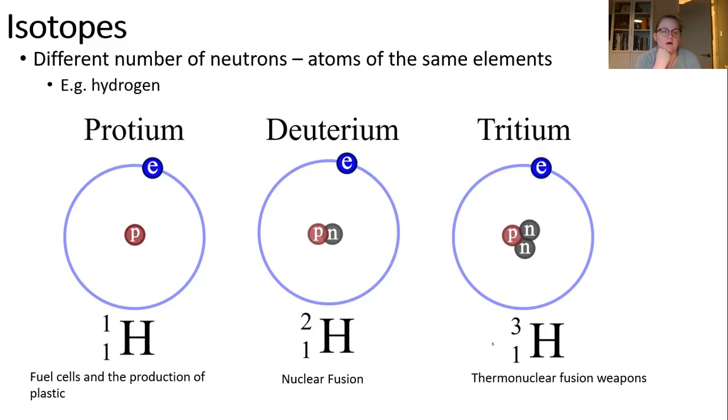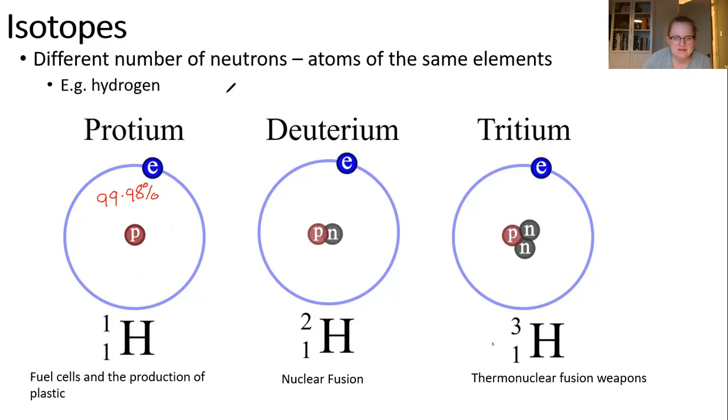Protium has 1 proton and no neutrons. 99.98% of hydrogen is made up of the protium isotope, so that is the most abundant hydrogen isotope. We use this for fuel cells and in the production of plastics.